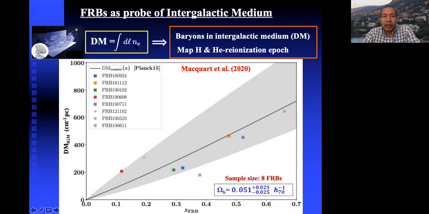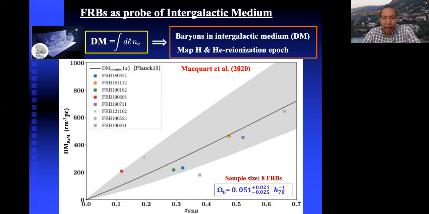So this is the integral of electron density integrated over the propagation path of the photon. And so from there, one can get a census of the baryons in the intergalactic medium, and we should be able to map the hydrogen and helium reionization effect.